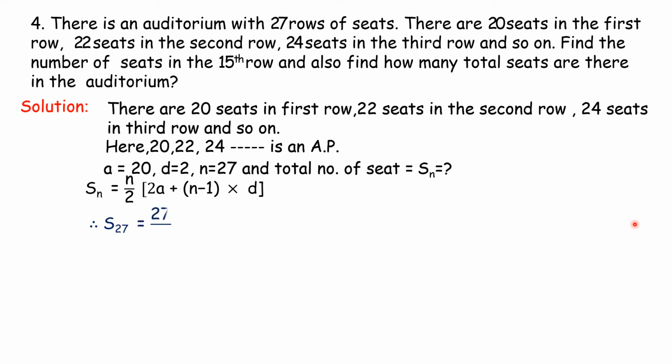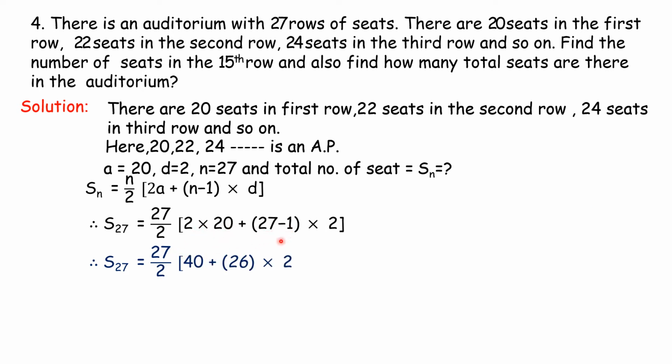Sum of first 27 terms is equal to 27 upon 2 into bracket 2 into 20 plus in bracket 27 minus 1 into 2, complete the square bracket. Left hand side as it is, 27 upon 2 into 40, 2 into 20, 40, 27 minus 1, that is 26 into 2. 27 upon 2 as it is, 40 plus 52, 26 into 2, that is 52.